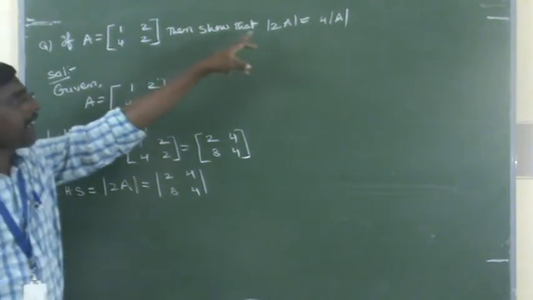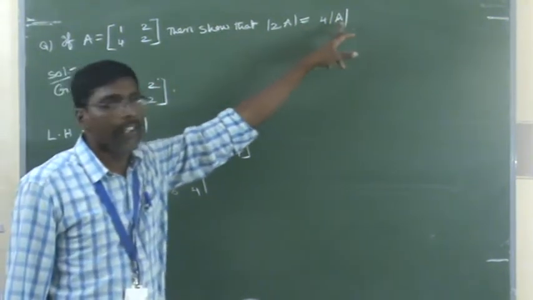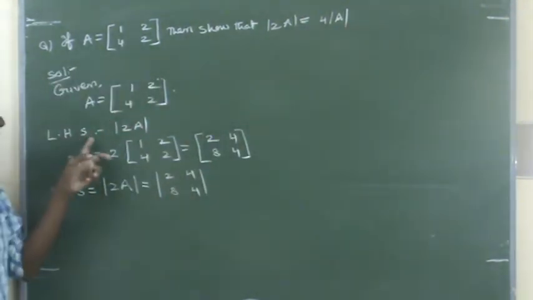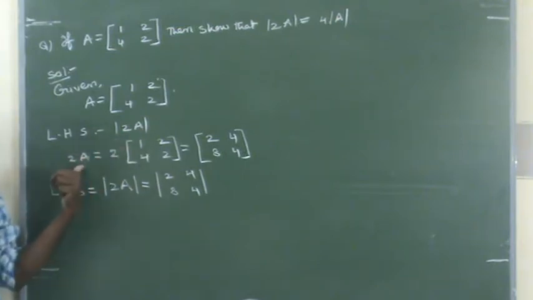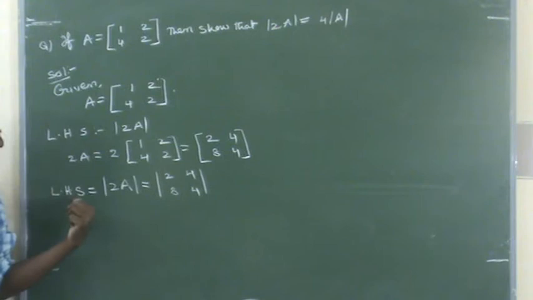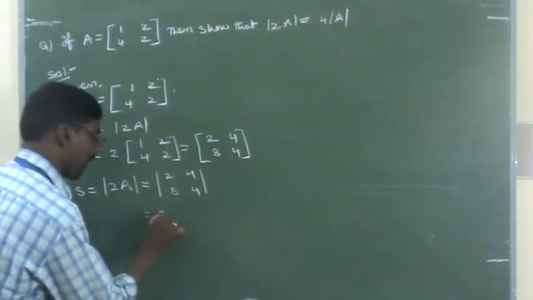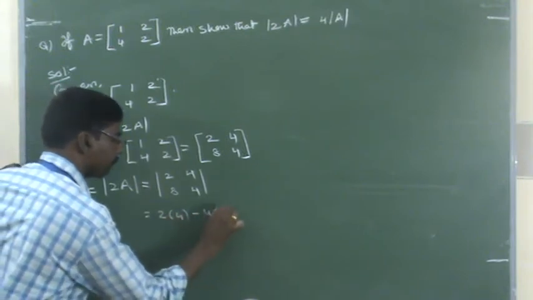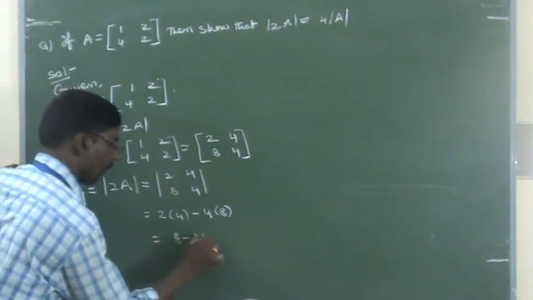Show that the determinant of 2A is equal to 4 times the determinant of A. In this condition, to find the LHS, first find the value of the 2A matrix, and after that find the determinant of 2A. The value can be written as 2 into 4 minus 4 into 8. That is 8 minus 24.